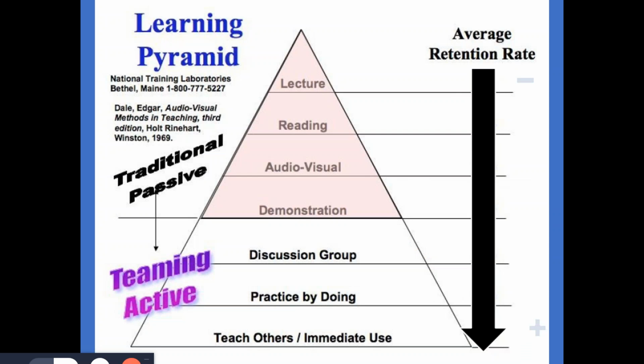Before our example, we want to talk about the learning pyramid. So there are two kinds of learning. At the top of the pyramid, there are traditional lecture, reading, audio, visual. At the bottom of the pyramid, they have team activities such as discussion groups and team coaching.